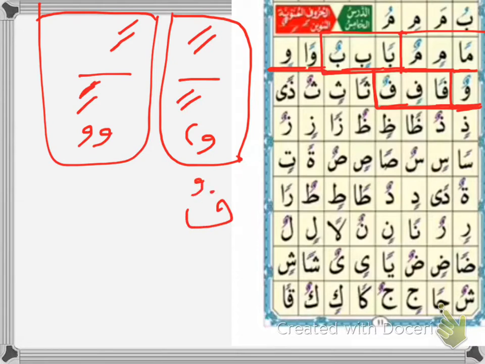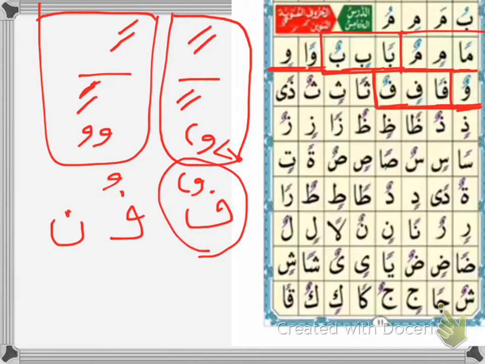We have this kind of tanween, تنوين الضم, like this. So it's fun, fa ضمة, and then noon, fun. Just to make it easy to understand how we read it. This is not how we write that. This is how we write the fun.